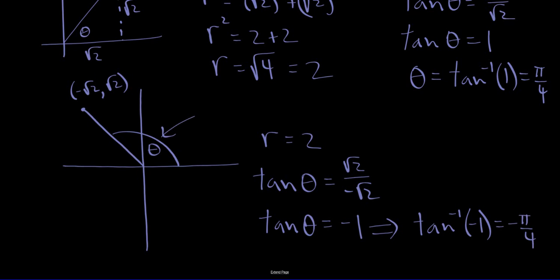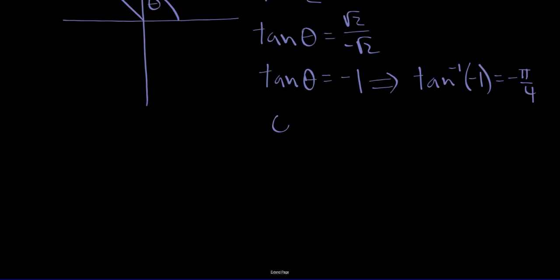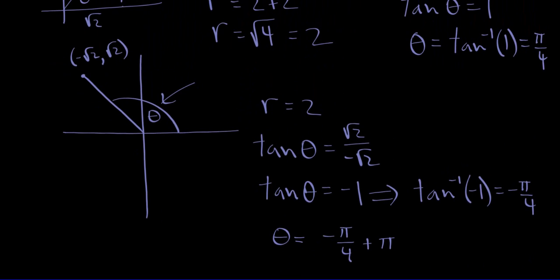That's going to happen. So when that happens, you can remedy that by just saying, okay, theta is in fact negative pi over 4 plus pi. Just add pi to it, and that will fix the problem. Every time your point is either in quadrant 2 or quadrant 3, and you do inverse tangents, you're going to need to add pi to it. And the reason for that is inverse tangent will always output angles that are in between negative pi over 2 and pi over 2.